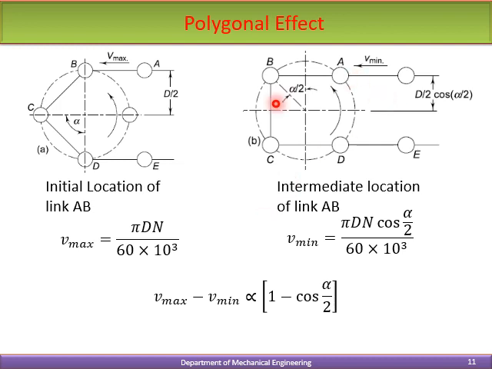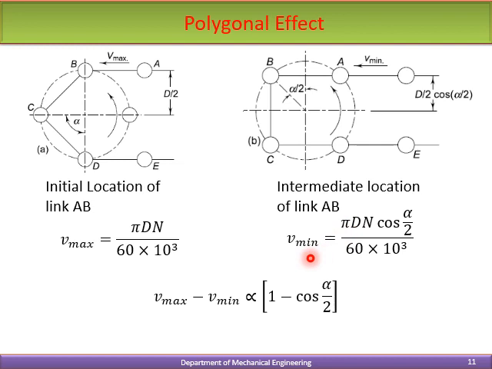And in case B, the link is at a distance of d by 2 into cos alpha by 2 from the center of the sprocket, and its linear velocity is given by this equation. V minimum is equal to pi d n cos alpha by 2 divided by 60 into 10 raised to 3.